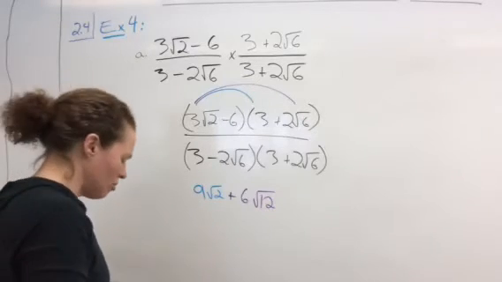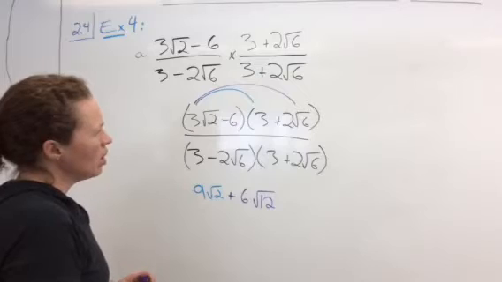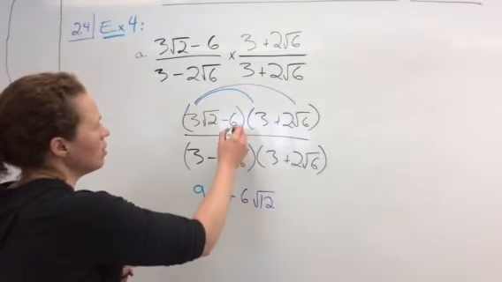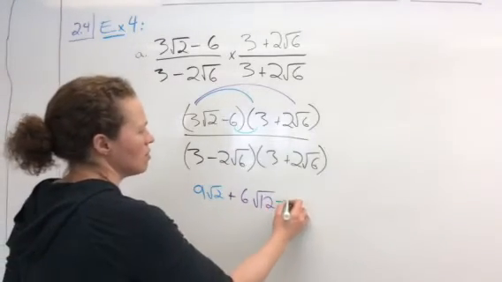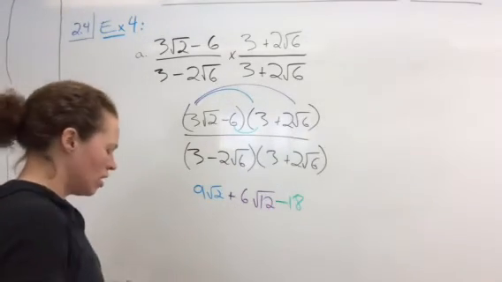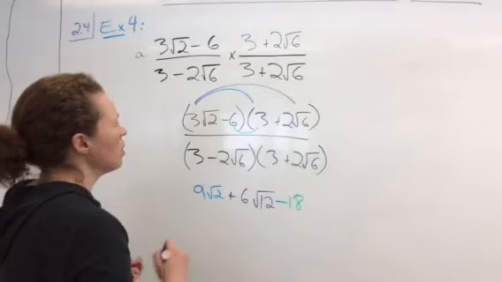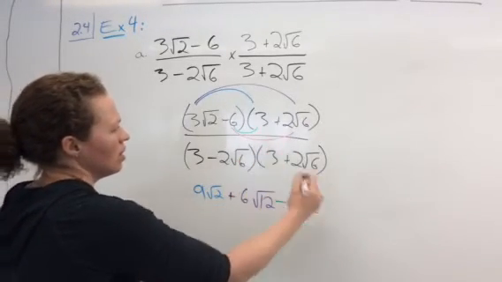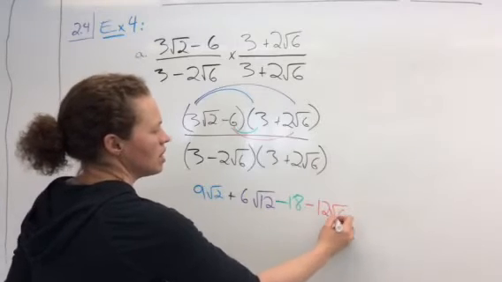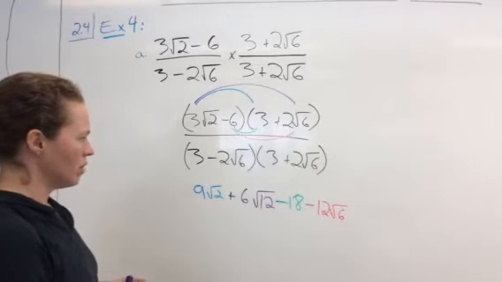I have to muck with that a little bit later. Now I'm going to go middle terms. Negative 6 times 3 just gives me negative 18. And my last term would be negative 6 times positive, so that's a negative 12 root 6 on that one.